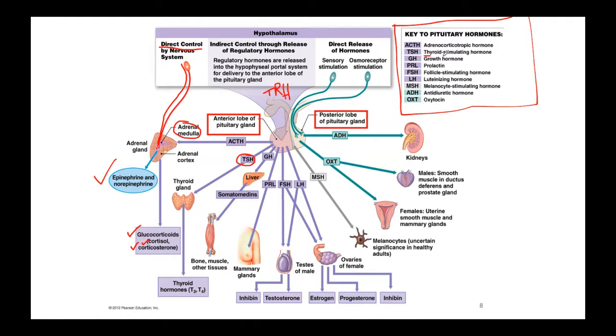So TSH is thyroid stimulating hormone. ACTH was adrenocorticotropic hormone. So thyroid stimulating hormone goes and hits a receptor here on the thyroid gland, and it's going to say, okay, you're going to release T4.